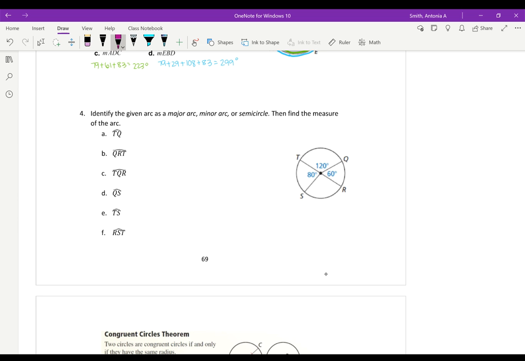I'm going to run out of room here. But between T and Q, remember this is a minor arc. Either you can look and see it has 2 letters in its name, or if you look at the picture, that piece is less than 180 degrees. It's actually just 120 degrees.